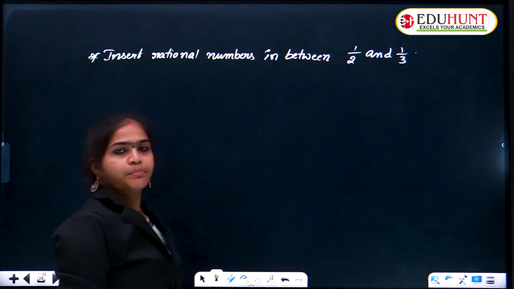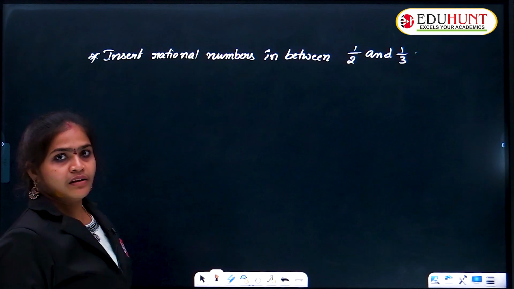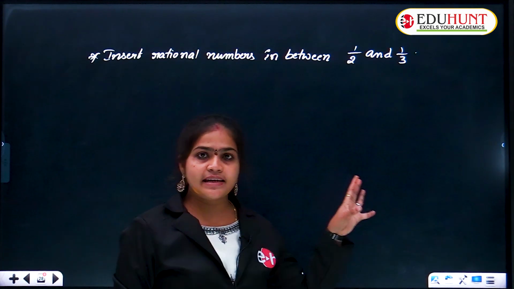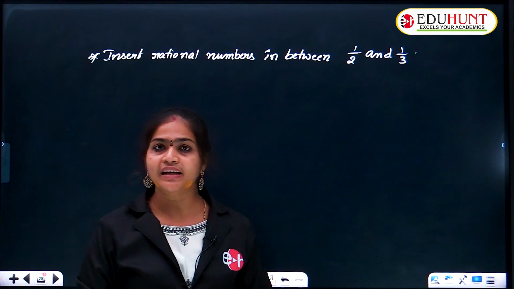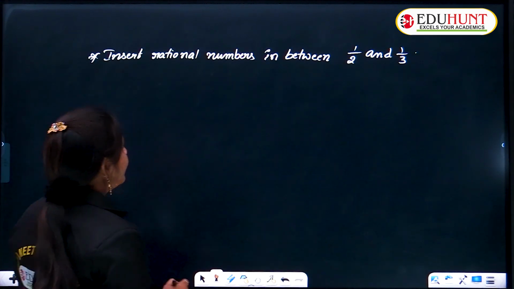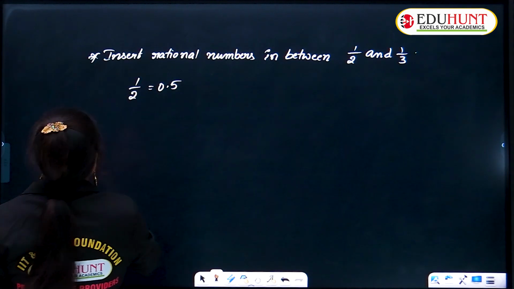Okay, ma? By using decimals. This decimal method is easy to find and insert rational numbers in between any two rational numbers. Okay, now here see that 1 by 2 is equal to 0.5.